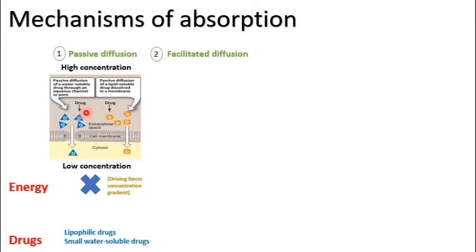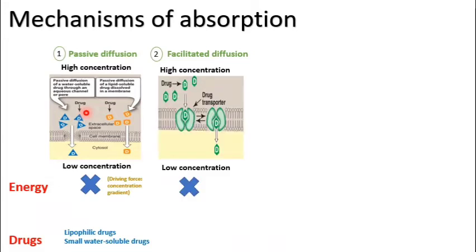When the drug binds to the carrier, it goes through what's called a conformational change, as we can see here. Our drug binds to a transporter or a carrier, and then it goes through a conformational change.